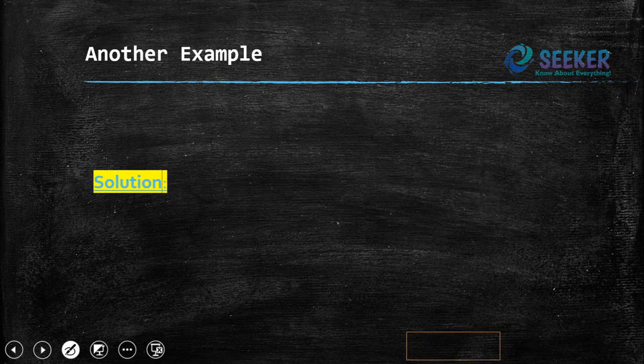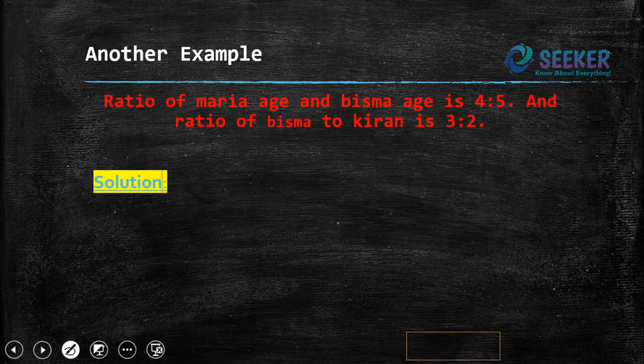Now look at another example. Here the ratio of Maria's age and Bisma's age is 2:4, and the ratio of Bisma and Kiran is 3:2.